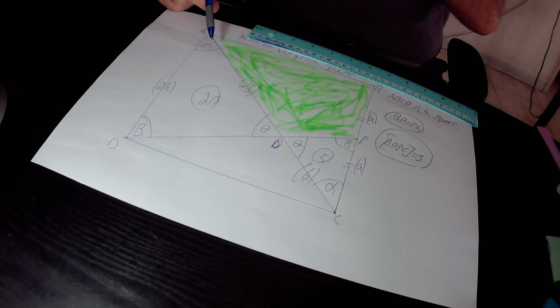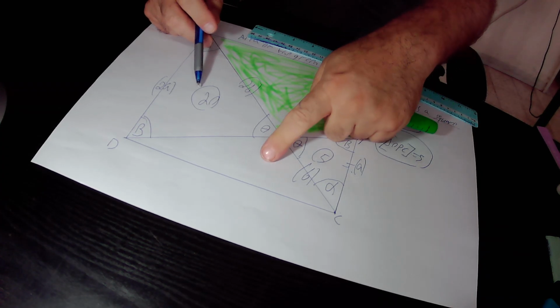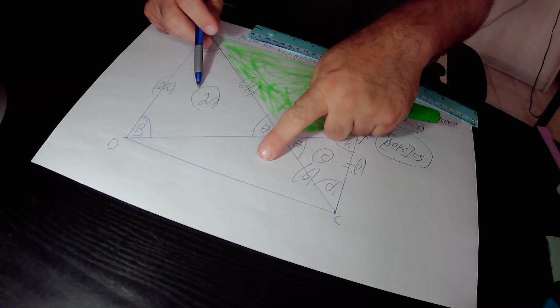According to rule 23, what is the ratio between the areas of those two small triangles?